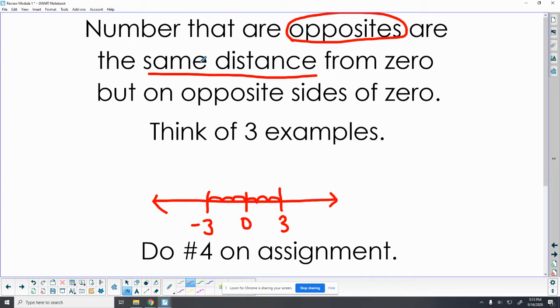They are both the same units from 0. It took me 3 places to get there. But they're going to be on opposite sides of 0. One's on the right, one is on the left.